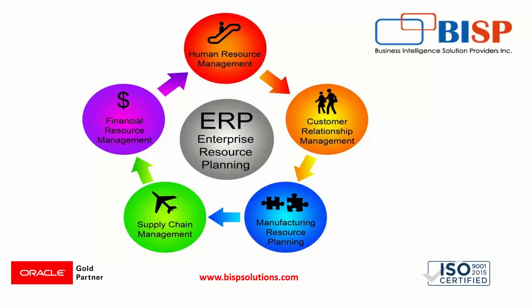The next thing we have is supply chain management. It is the management of the flow of goods and services, and it includes all the processes that transform a raw material into the final product.